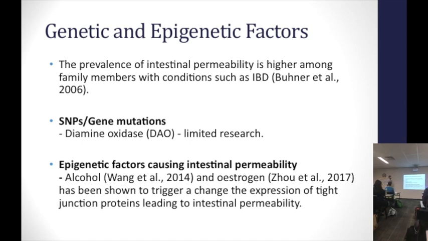SNPs, or genetic mutations, diamine oxidase. It's been proposed by a number of professionals in the area of epigenetics, such as Dr. Ben Lynch or MTHFR Australia. These professionals say it causes leaky gut. Now, for those who don't know, diamine oxidase is responsible for the breakdown of histamine.